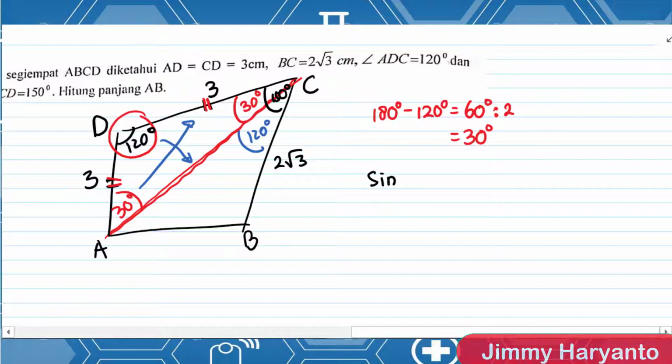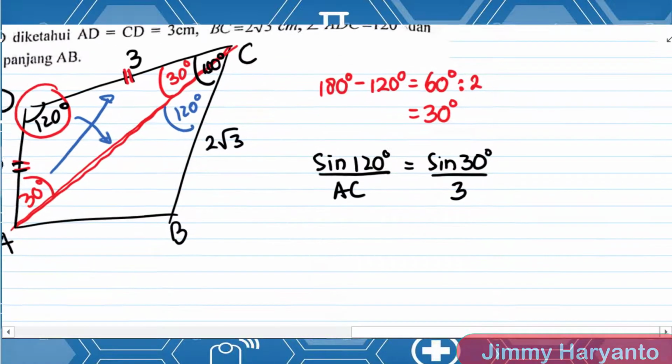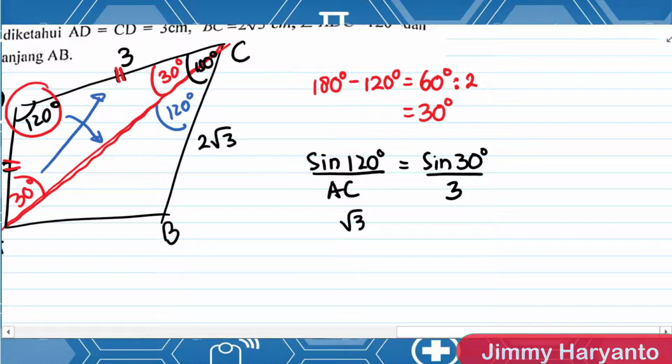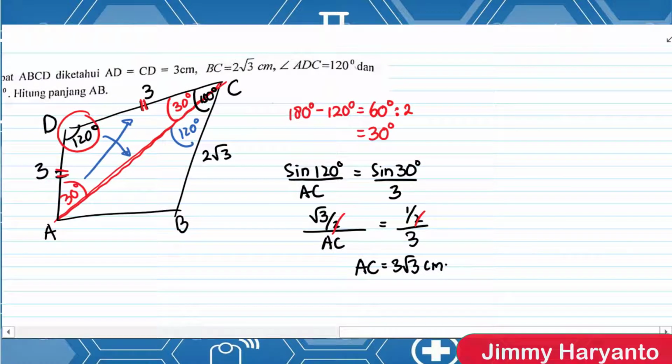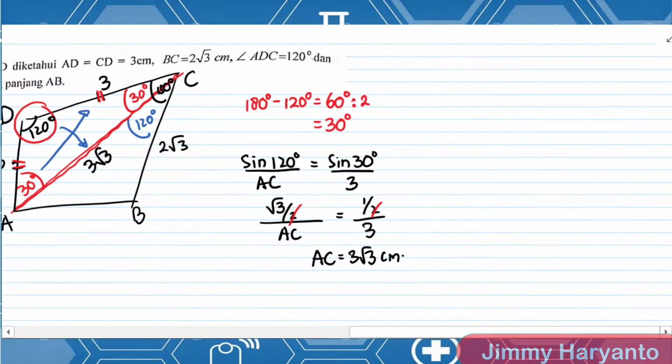So I will write sine 120 degrees over the opposite, which is AC, equals to sine 30 degrees over the opposite, which is 3. After that, sine 120 over 2 over AC equals to sine 30, half, over 3. You can cross out the 2, so the answer will be AC equals to 3 square root of 3 centimeters. This is only AC. So 3 square root of 3. After that, we will have to find AB.